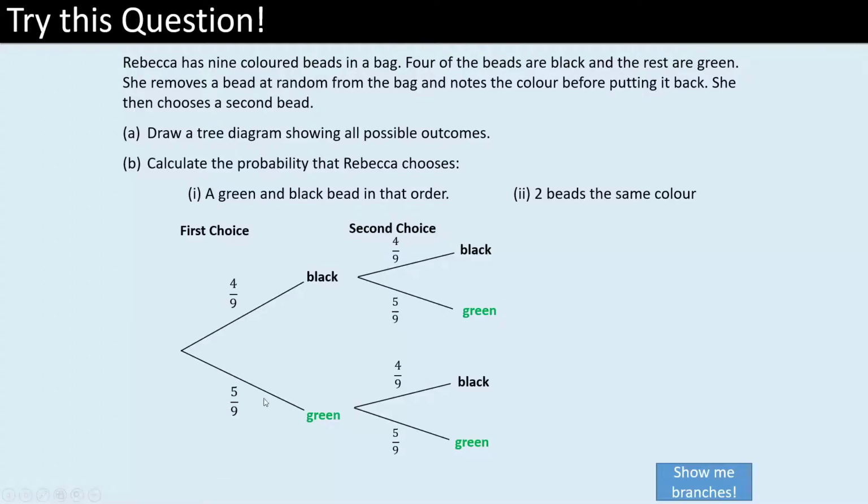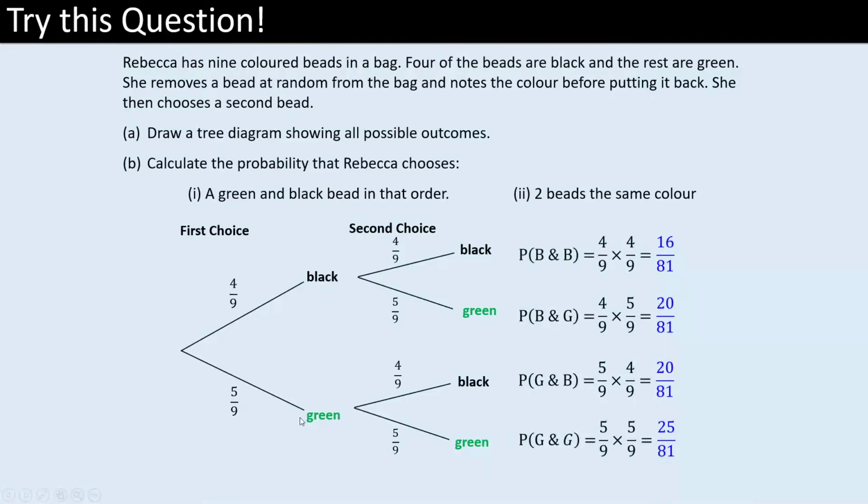So when we come to look at the different branches that we want to look at, a black on the first choice and a black on the second choice, we just multiply those two branches together because we're thinking black and black. And "and" is a keyword for us to multiply, "or" is a keyword for us to add. Okay, so if I'm thinking green and black in that order, I would want to go 5/9 times 4/9 to give us 21/80.